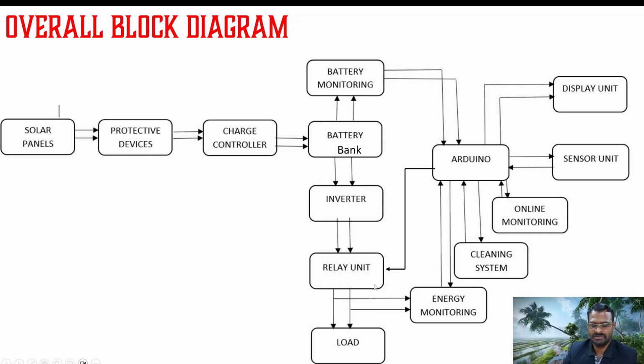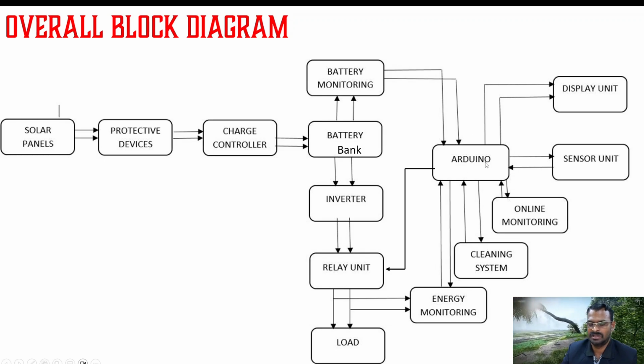This is achieved by having the energy monitoring sensor, which will monitor the power, voltage, current, frequency, and power factor, all these parameters of the supply coming to the load. And from the battery, we have also connected sensing devices, a battery monitoring system, and it is connected to the Arduino.